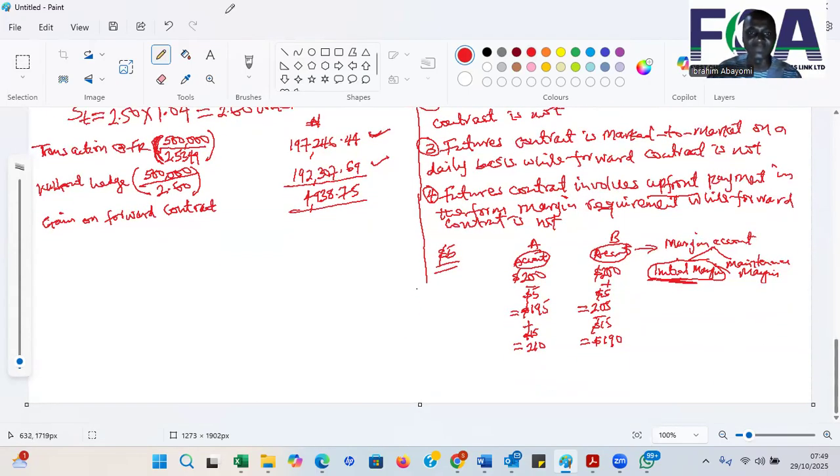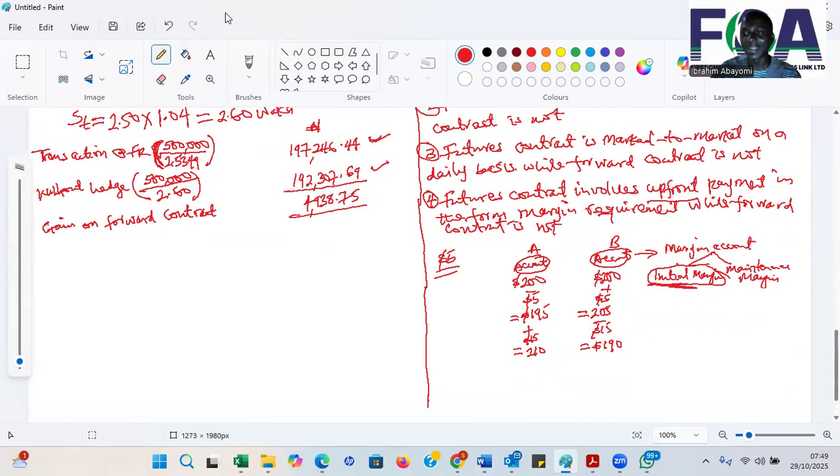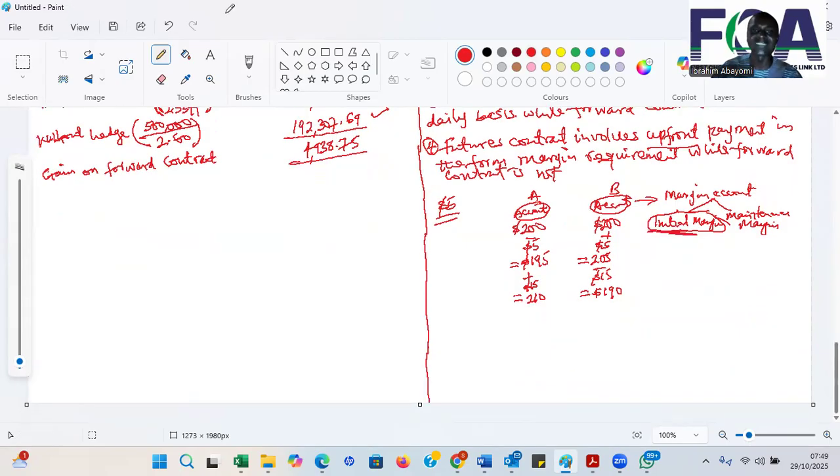The maintenance margin simply means the balance that your margin account will reduce to for you to get a margin call. Let's say the maintenance margin is $100.